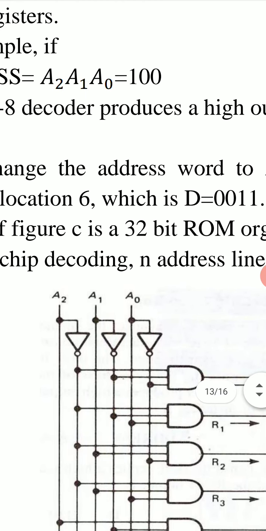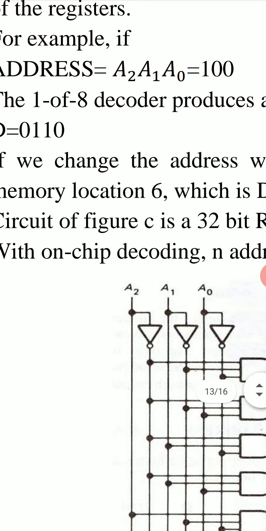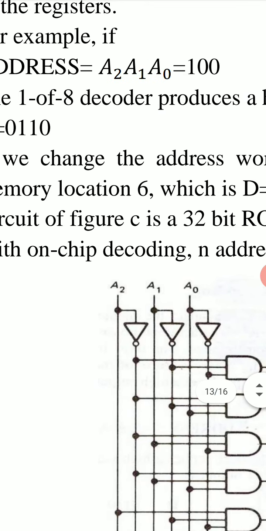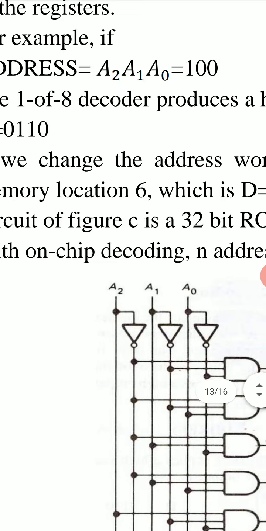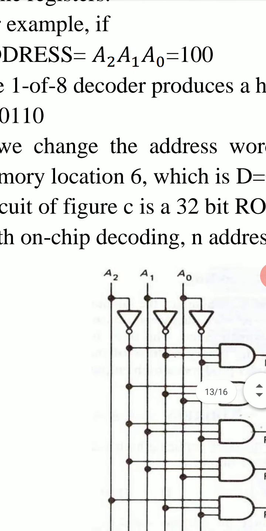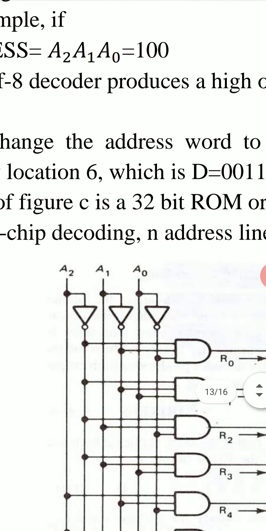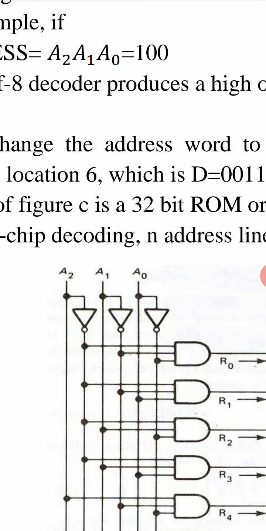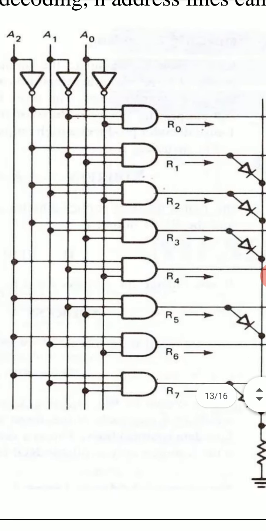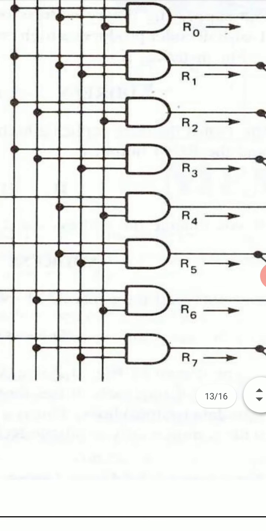So if we have address 100, A2 is 1, A1 is 0 and A0 is 0, then since it is equivalent to 4, we look at this R4 register.